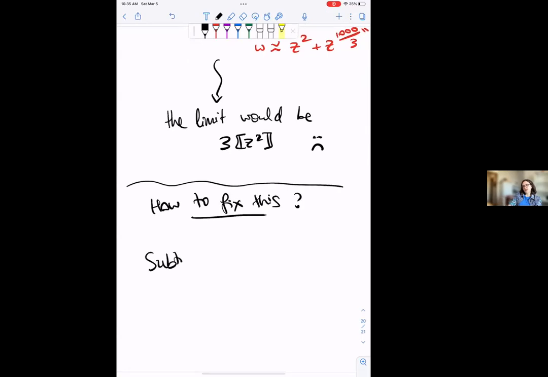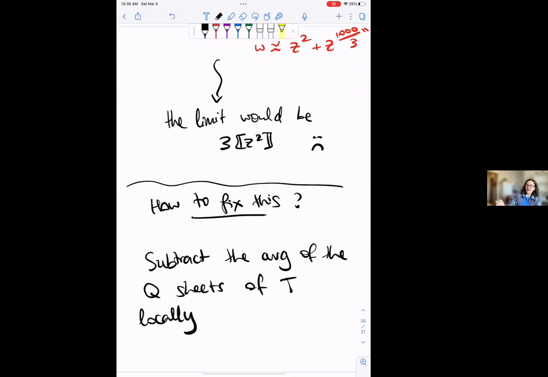Like I said, we subtract the average of the sheets, the Q sheets of T locally. And this average of the sheets locally is exactly what is known as Almgren's center manifold.